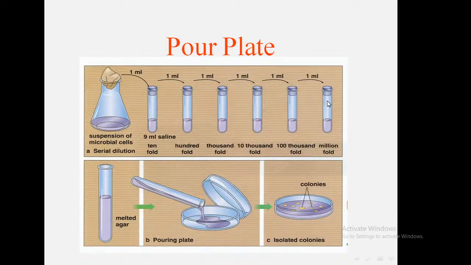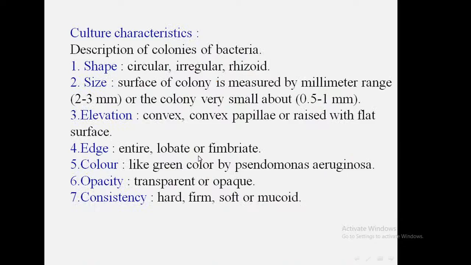Then take 1 ml from this test tube and add it into 9 ml water, then it is million-fold. Next, add the melted agar into the pouring plate. After pouring, keep it aside to dry, and after it is dried, use it for isolation of colonies.